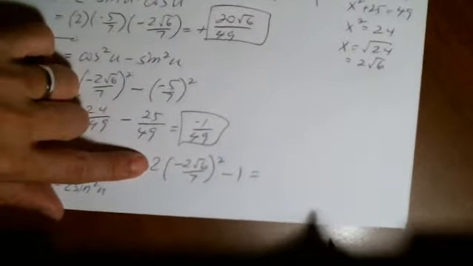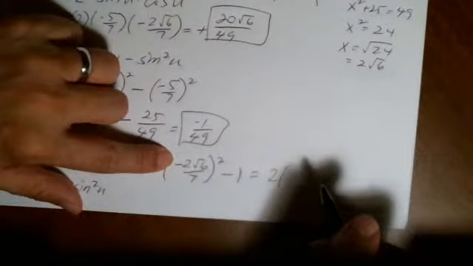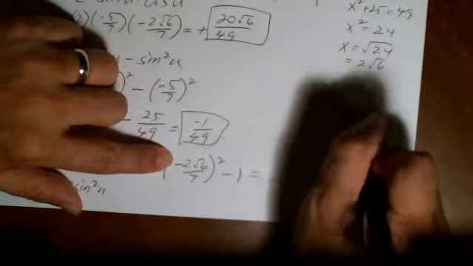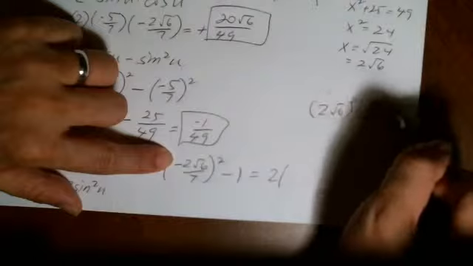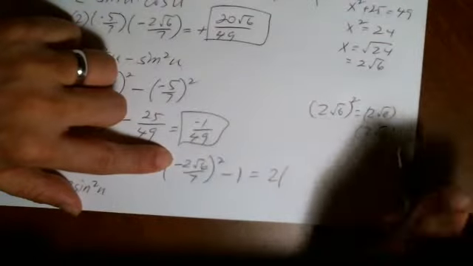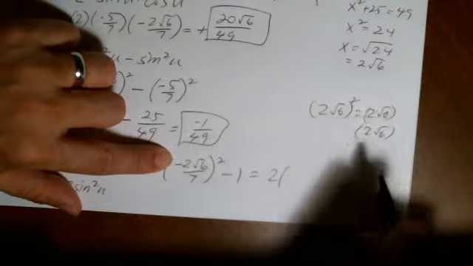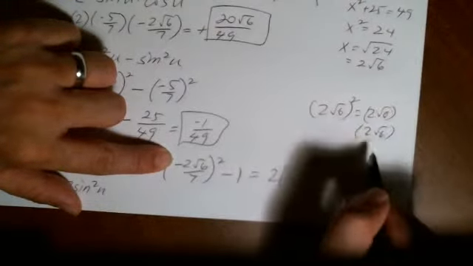Let's work this out just a little bit further. 2 radical 6 squared is 2 radical 6 times 2 radical 6. When you do that, it's going to be 4 times root 6 times root 6, which is 6, so 4 times 6 is 24.